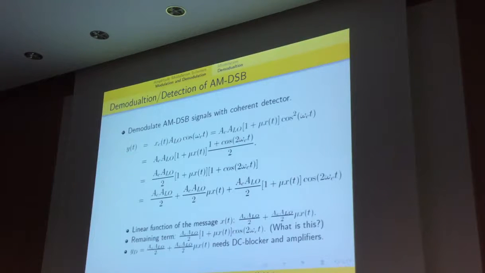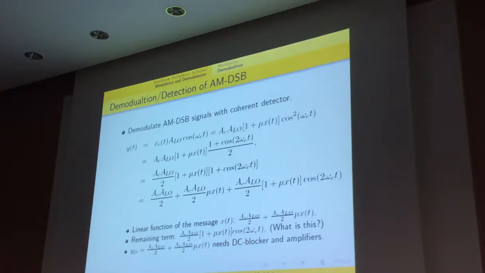Okay, so what's the meaning of this? The envelope signal is this one. It will multiply with a constant, so the constant doesn't matter, all right? But this time, because it's going to multiply with the 2 omega ct, the spectrum of this signal is going to shift to a high frequency band centered at 2 Fc, or 2 omega c.